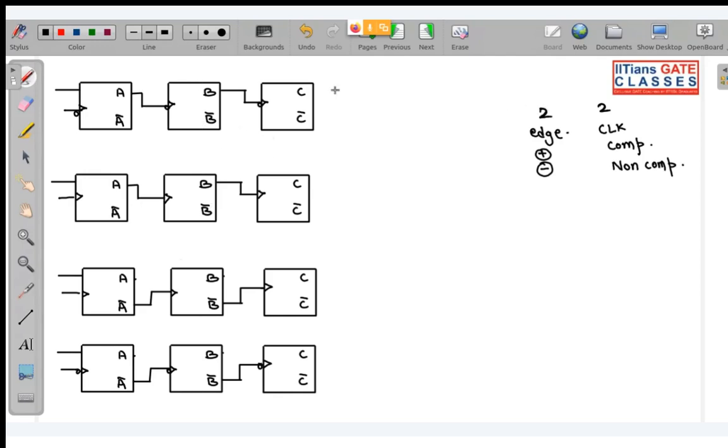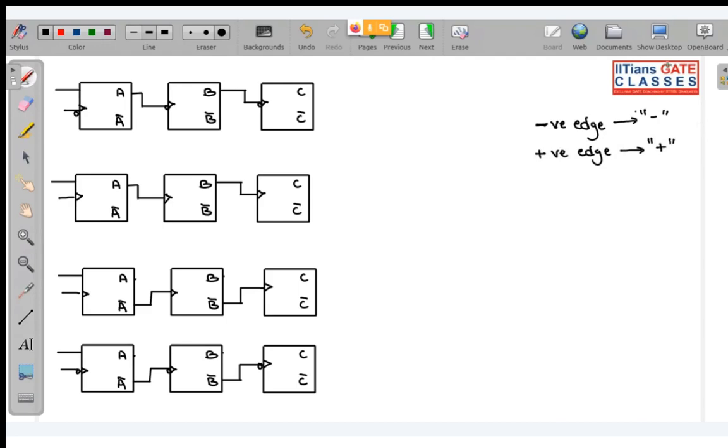So all the four combinations I have drawn. Now listen very carefully, then you can draw this. See, here I have assumed that your negative edge corresponds to negative sign. Okay, negative sign. Negative edge corresponds to negative sign, and positive edge corresponds to plus sign.